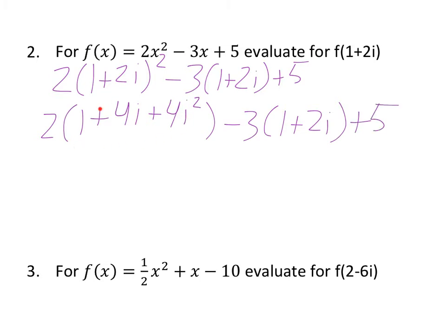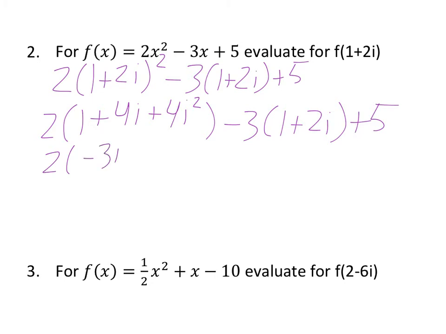Here, we have some like terms we can simplify. Specifically, this 4i squared is the same as negative 4. That is to say that we'll have 1 minus 4 plus 4i. So, still keeping that 2, because we're going to use it later.